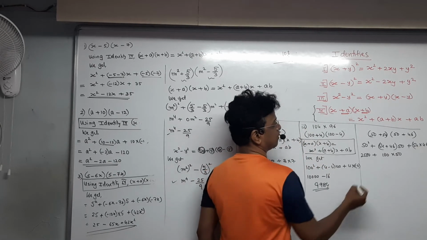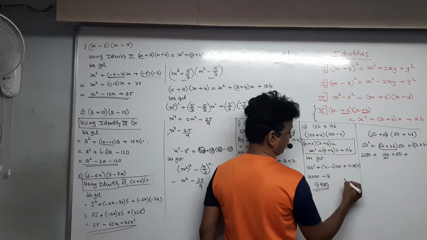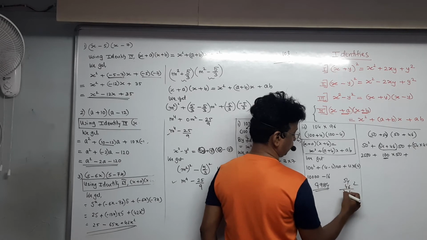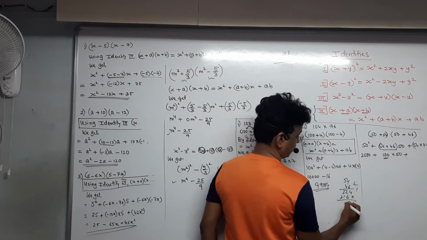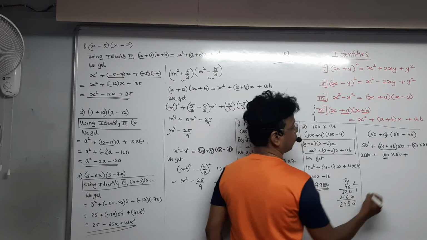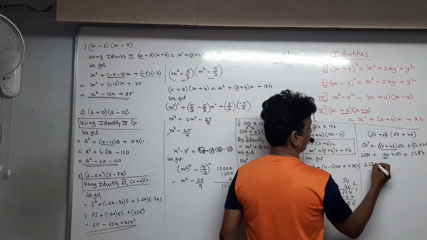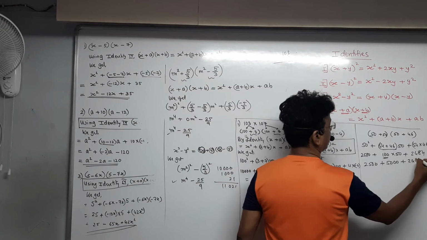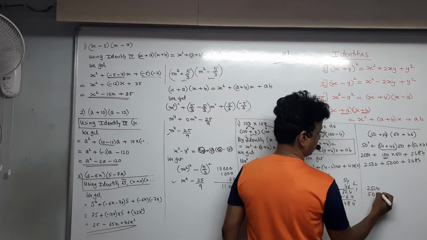Plus this multiplication you have to do again: 54 into 46 is 2484. So this will become 2,500 plus 5,000 plus 2,484.